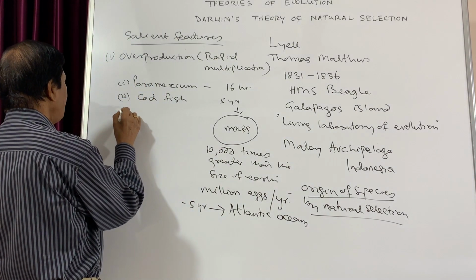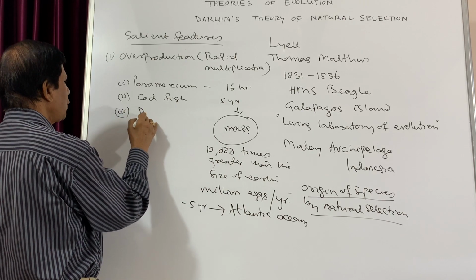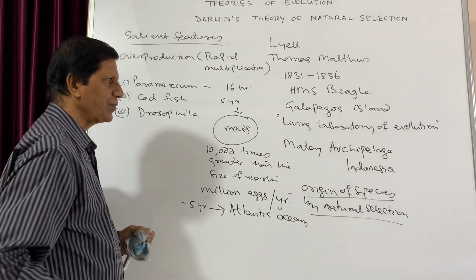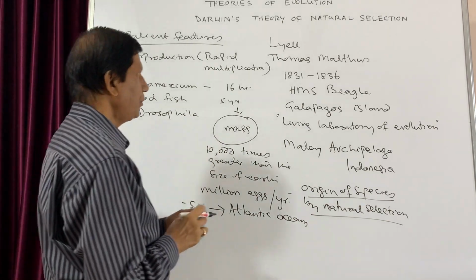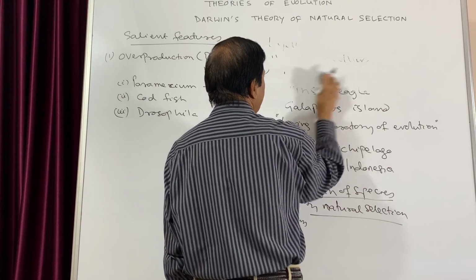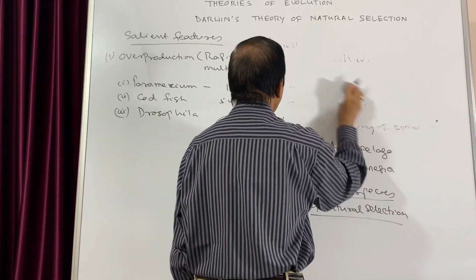Now, let us give a third example, that of the Drosophila. Usually, Drosophila gives rise to 200 eggs at a time.